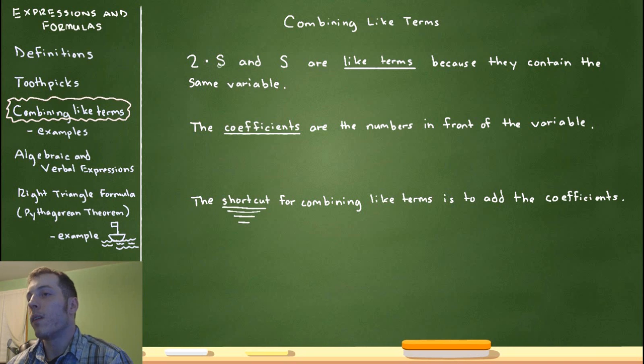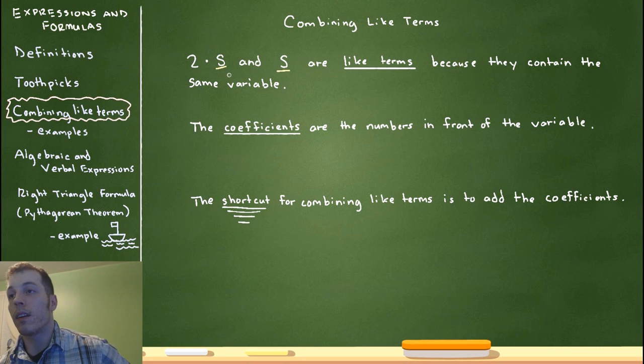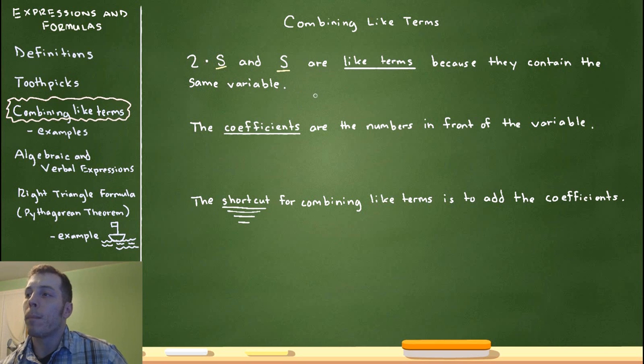So if we have 2s and s, these are called like terms because they contain the same variable. Okay. Now the variable in this case is s. This has an s, and this expression here also has an s. Okay, so these are considered to be like terms.